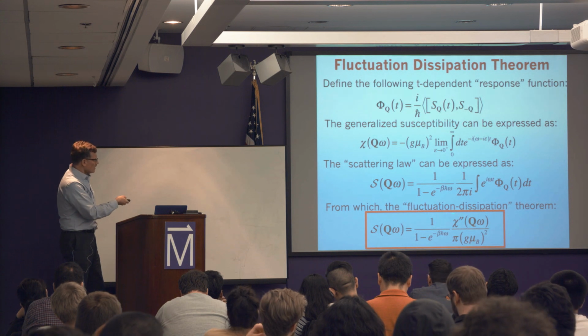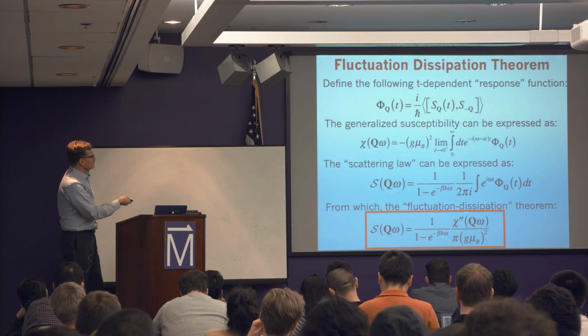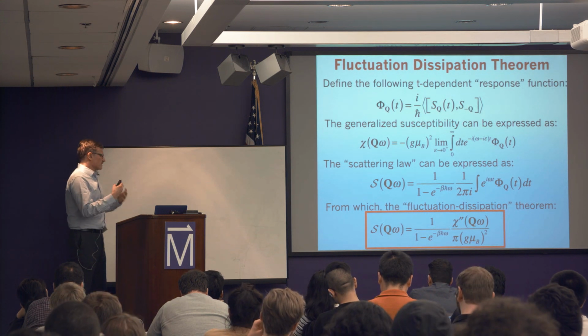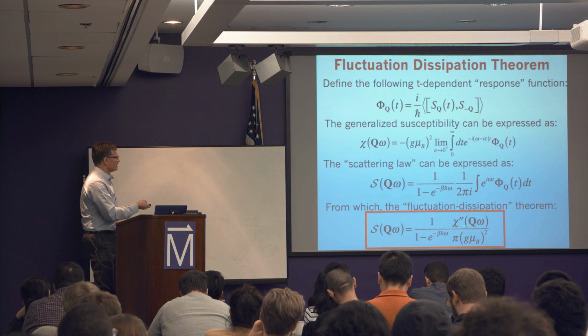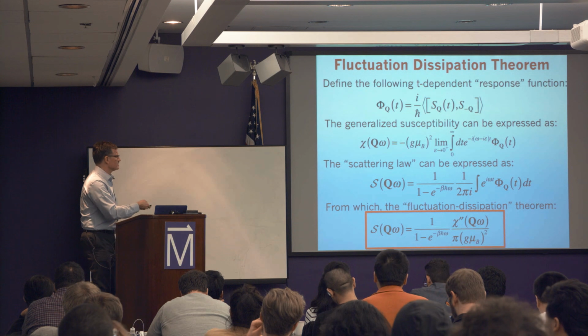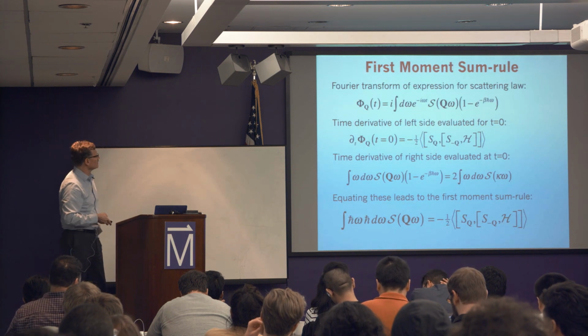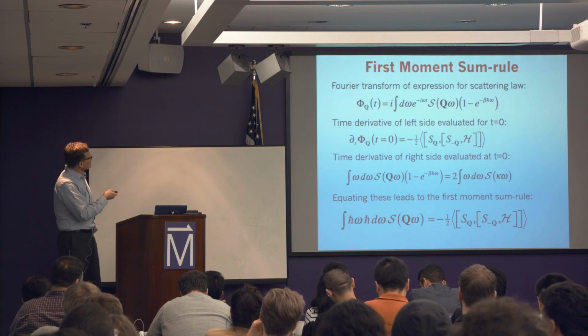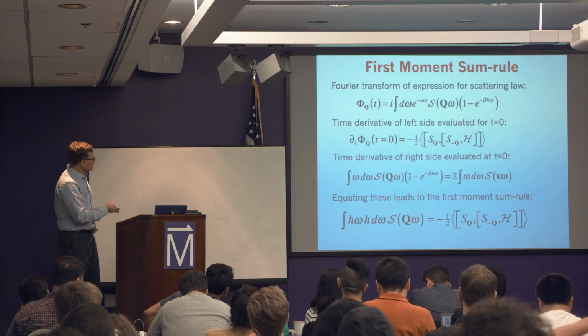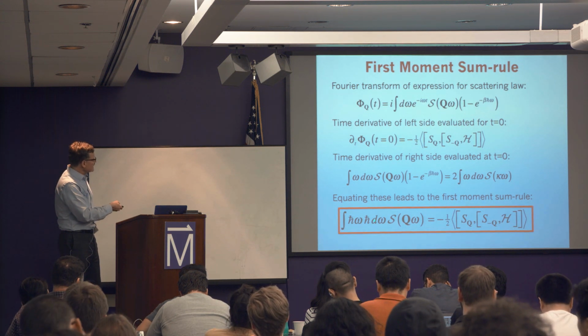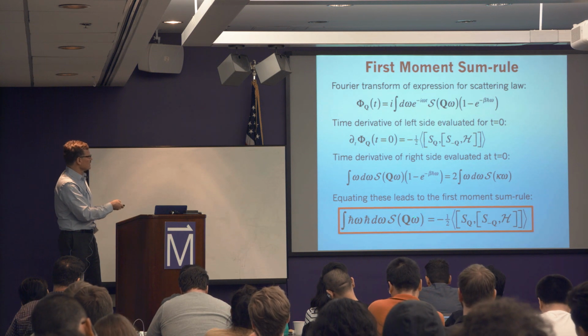And tomorrow, when we talk about metals, sometimes it's useful to think about the generalized susceptibility of an itinerant spin system, and then we'll be using this expression to get from scattering to that function. There's another sum rule that's quite useful, the first moment sum rule, and it relates basically the energy-weighted integral over the dynamic correlation function.